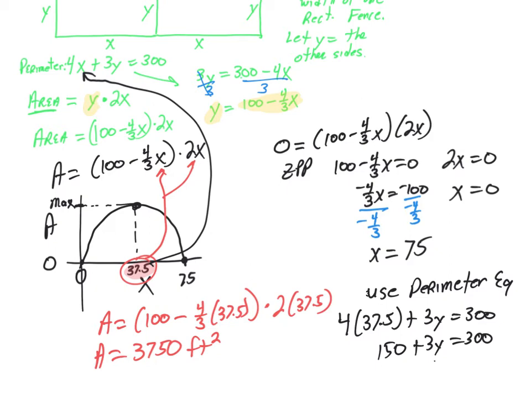Subtract 150 from both sides, divide by 3, and y equals 50 feet, when x was equal to 37.5 feet.